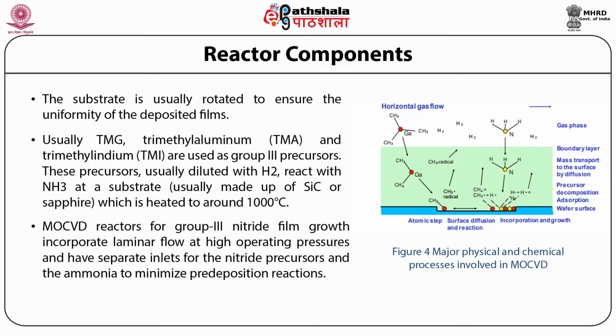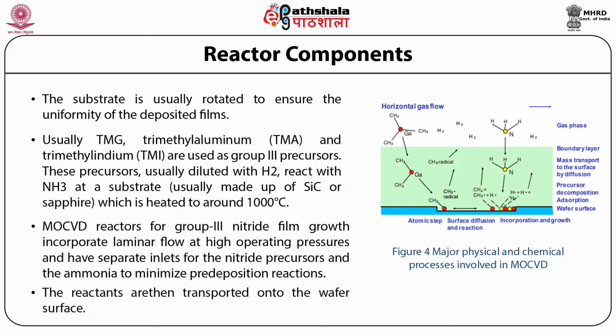The figure given on the screen shows the complex physical and chemical processes in the reactors. Initially, TMG and ammonia are transported into the reaction chamber to undergo gas phase reaction in the chamber.